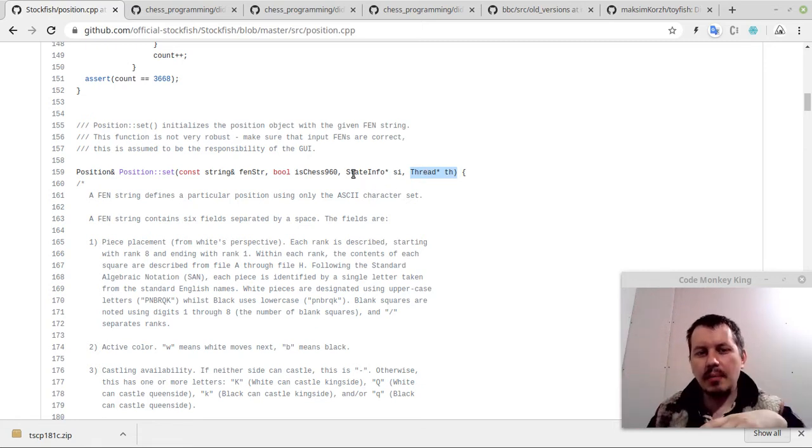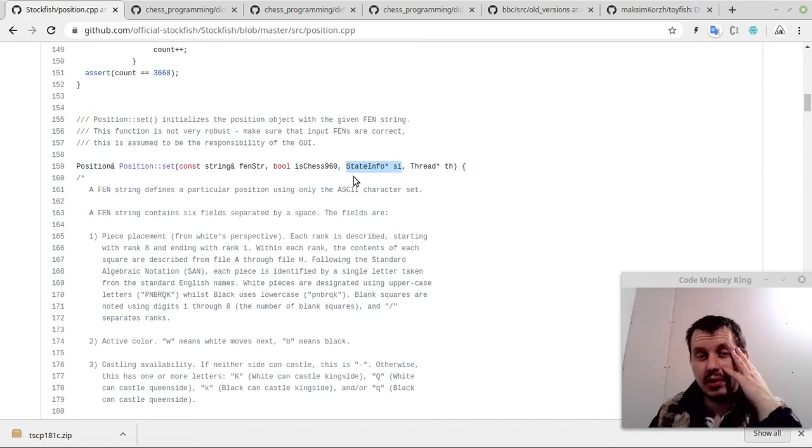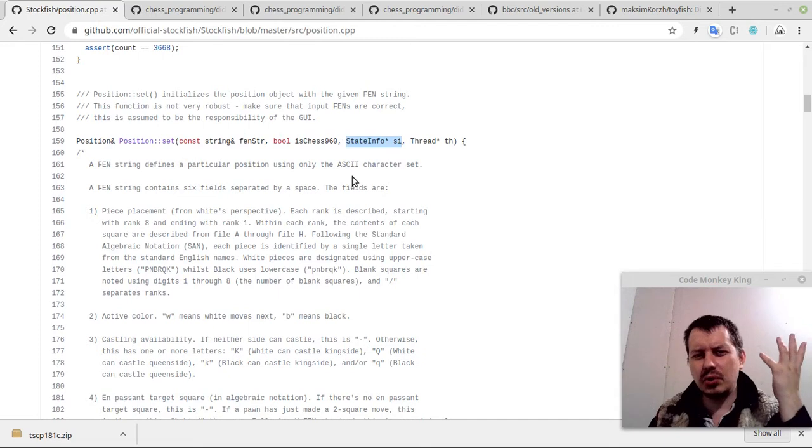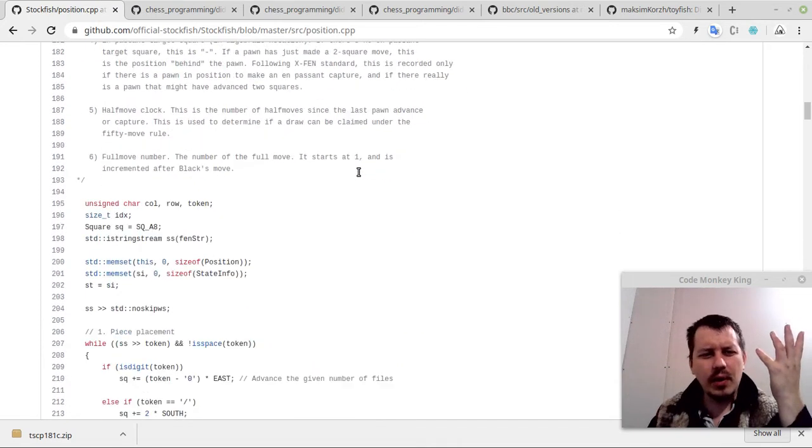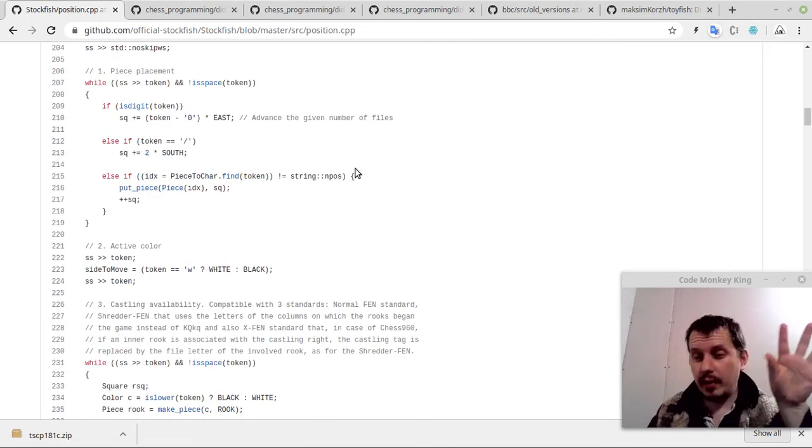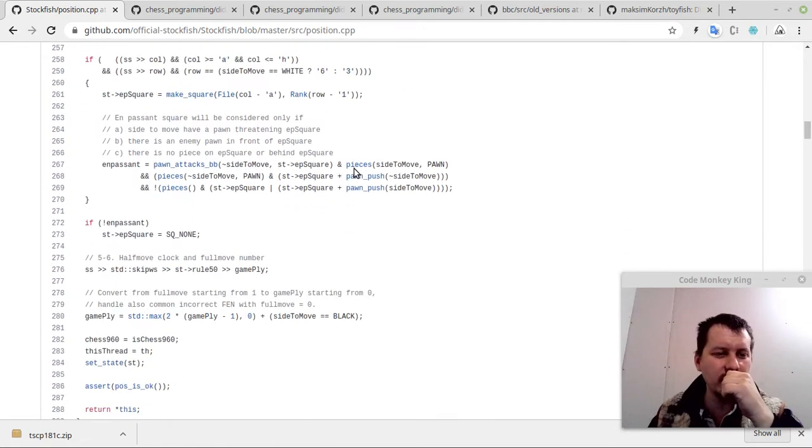That's okay. But then you have a look at this state info, and you're like, oh my god, what the heck is that? Where should I even start looking for this state info? If you've already figured out how the chess engine works, your initial goal is: okay, what is the state info?